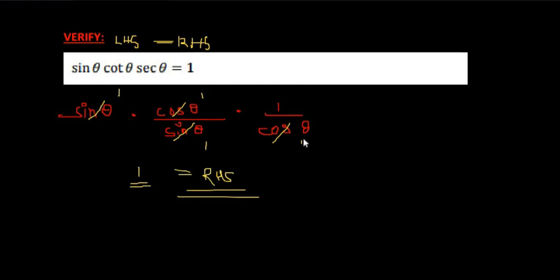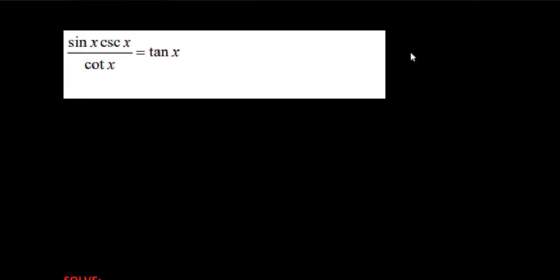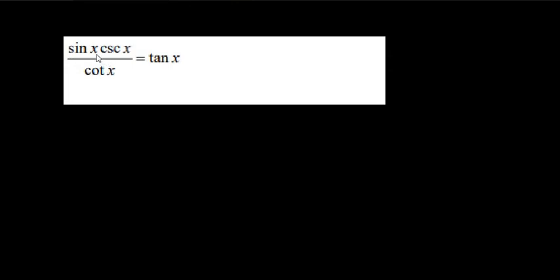Let us look at the next question. It's given as sine x times cosec x over cot x equal to tan x. This is again you have to verify. So verify in the sense your left hand side should be equal to the right hand side. So we will again take the left hand side because this looks more complicated than the right hand side.